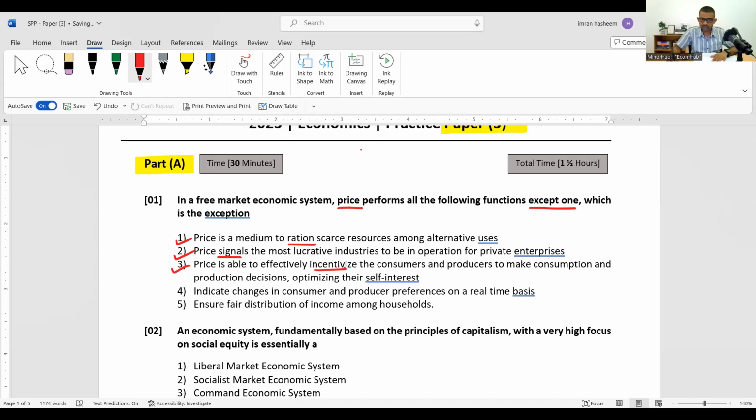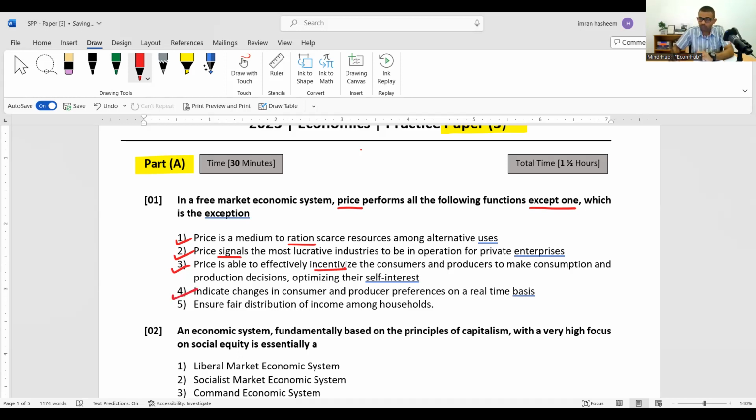Then fourthly, indicate change in consumer demand and producer preferences on a real-time basis. Yes, because every time price changes, that indicates either demand or supply is changing. When demand changes, the preferences of the consumers are changing. When supply changes, the preferences of the producers are changing.